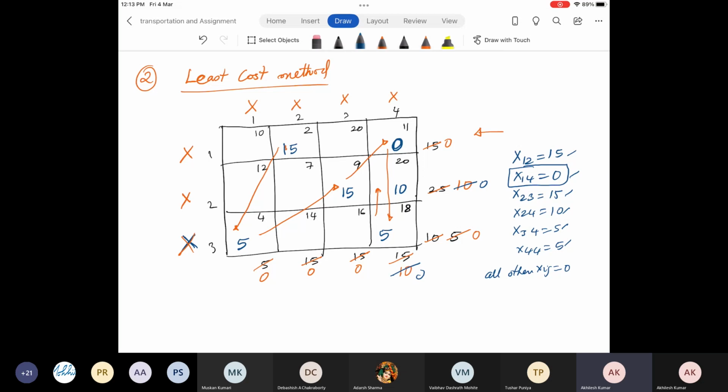If you look at it from an initial basic feasible solution point of view, can you tell me the nature of this solution? When a basic variable becomes equal to 0, what do we call it?